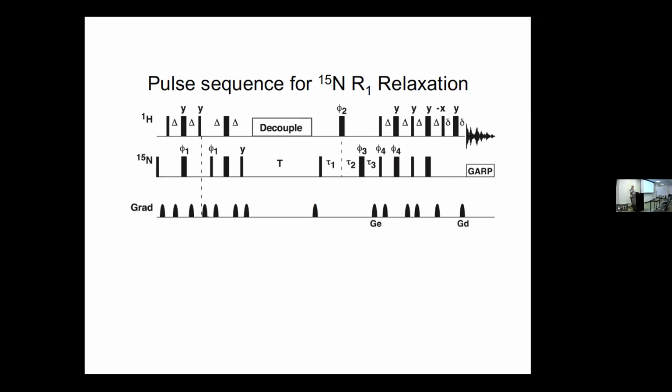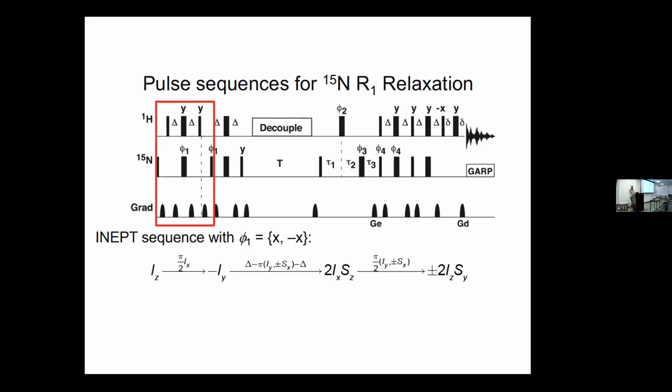So I will just talk a little bit about them. The three sequences are very similar, so if we talk about one, it will tell you enough about them. So there's the sequence, and by now, hopefully, we recognize that this is just an inert block that transfers magnetization from the hydrogen into antiphase nitrogen magnetization.